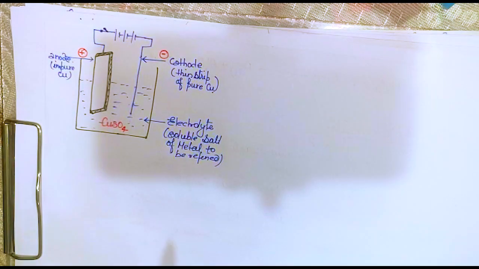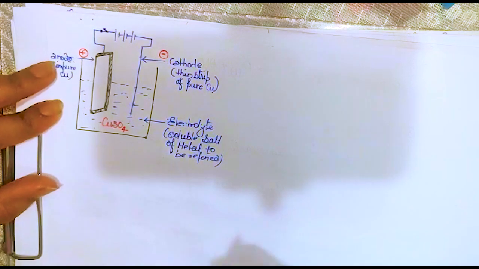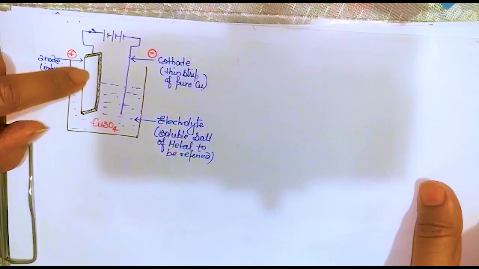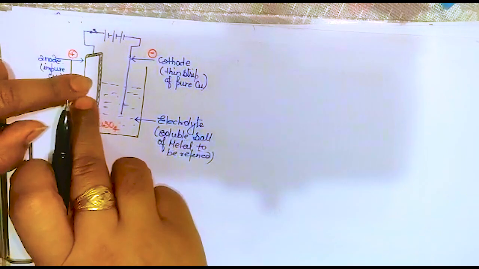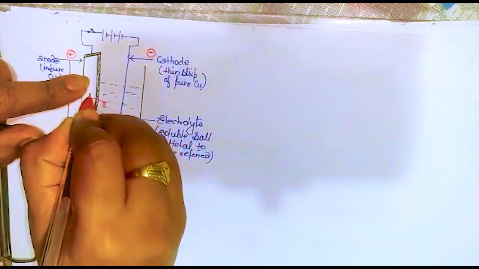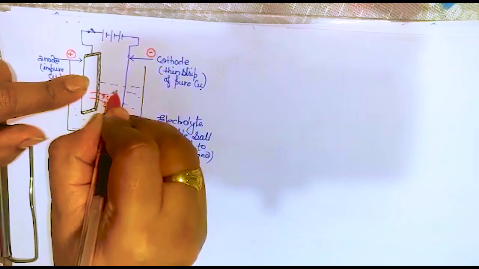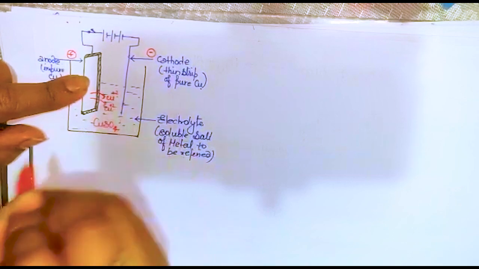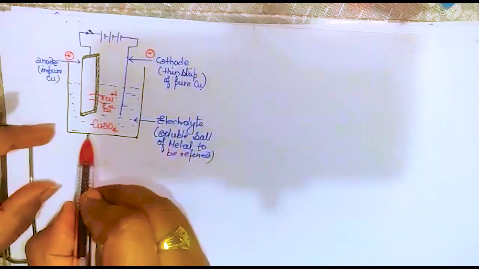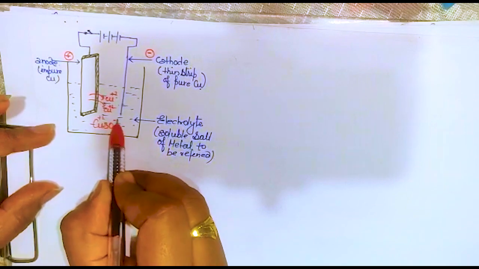We know that at anode there is oxidation. So this copper will start oxidizing and will start coming in the solution in the form of Cu+2. Already this solution is having copper +2 ion and sulfate -2 ion.